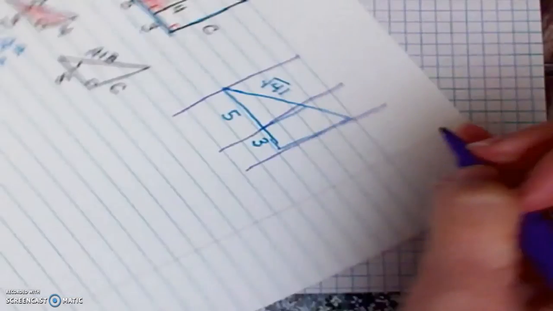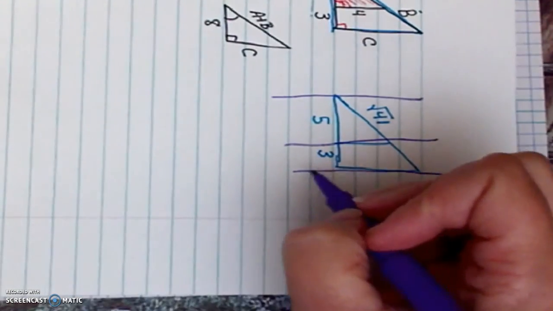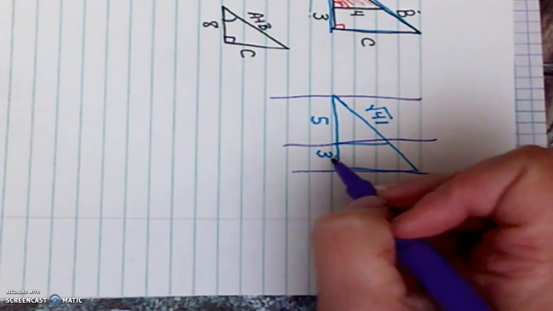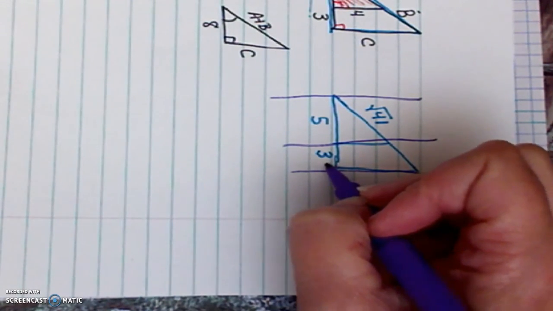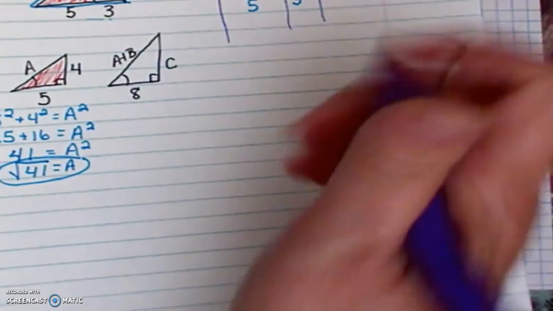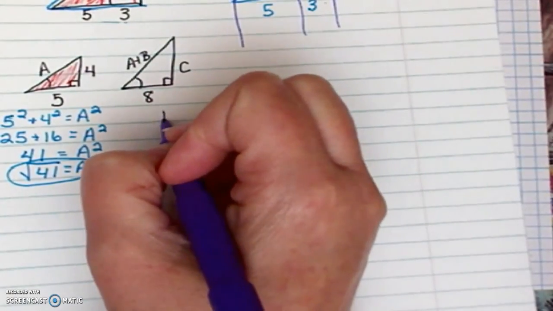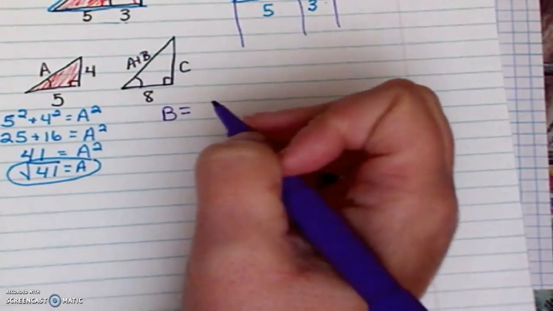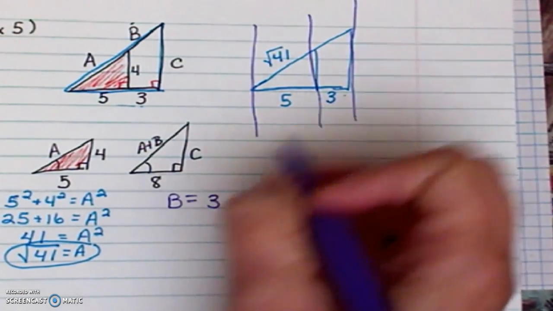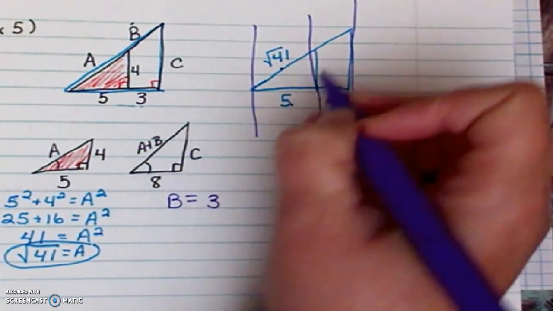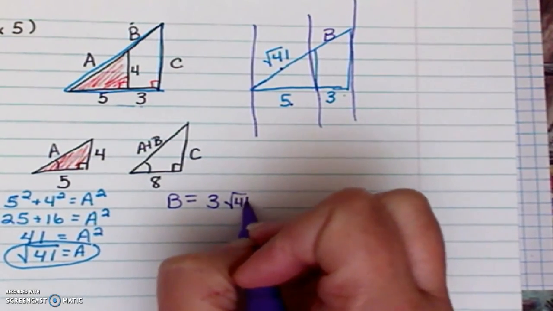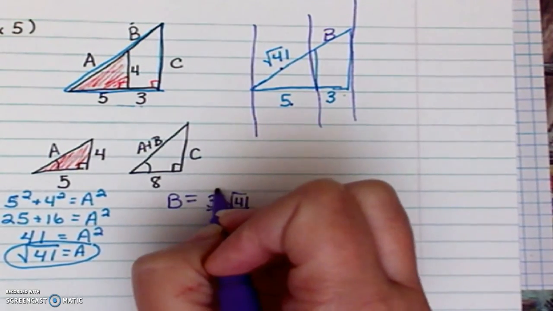And in that proportion, usually we look at it in this format right here, and we said to solve, you cross multiply and divide. So if you cross multiply, you're going to take 3 times radical 41 and divide by 5. So b, this is the way I choose to solve for b. b is going to be equal to 3 cross multiply and divide to find b. So you get 3 radical 41 divided by 5.